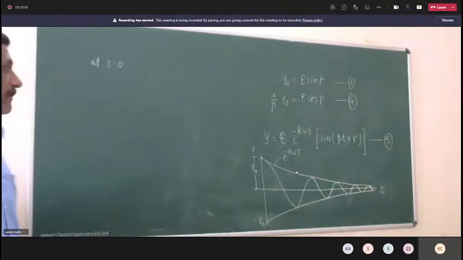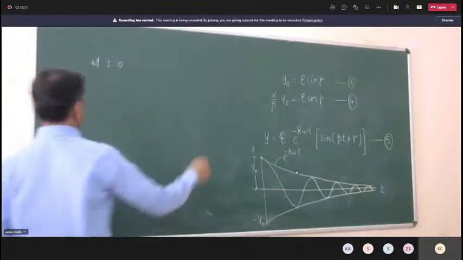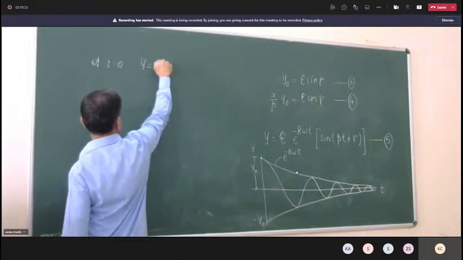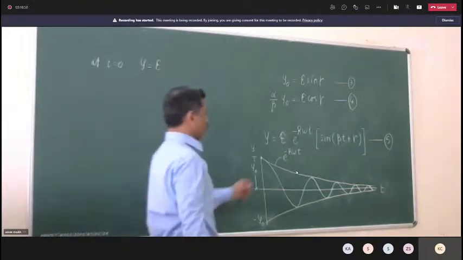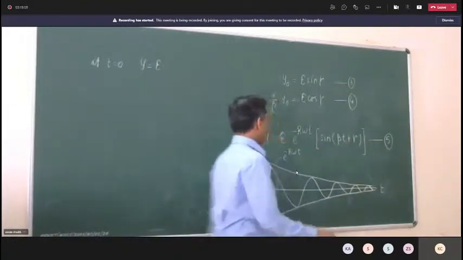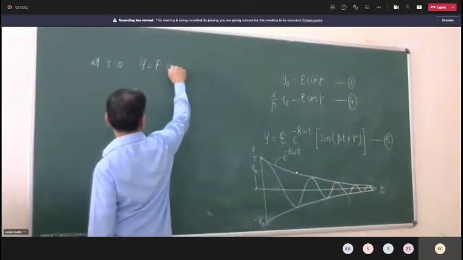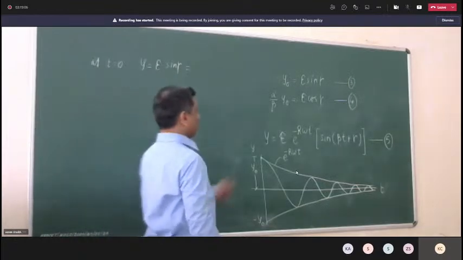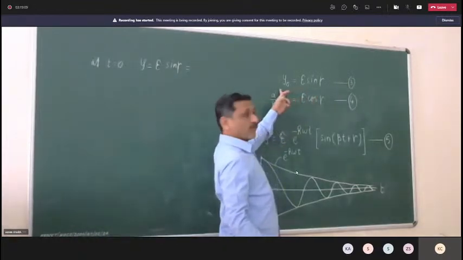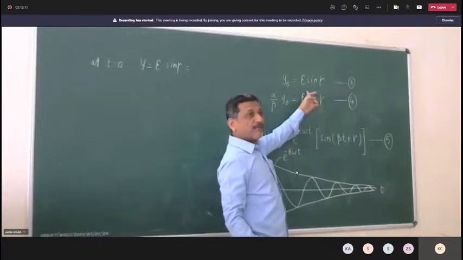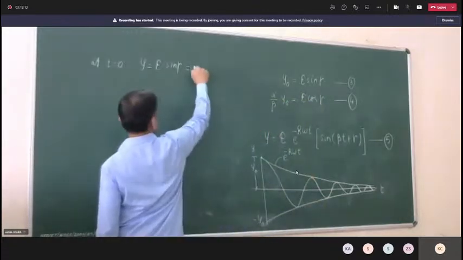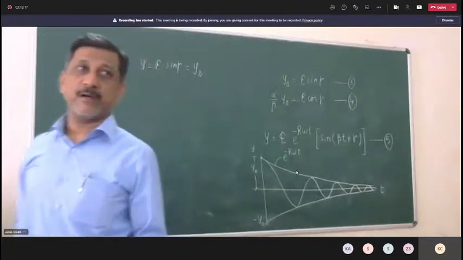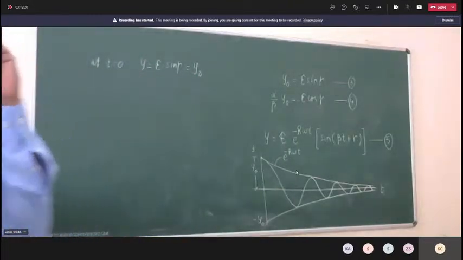From equation 5, you will get y is equal to e into sine gamma. And what is e sine gamma? From equation 3, y0. Is your initial condition satisfied? Okay.